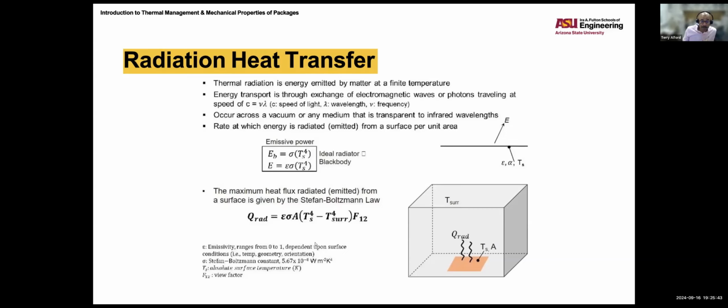Now we look at radiative heat transfer. We have the poll for this one.